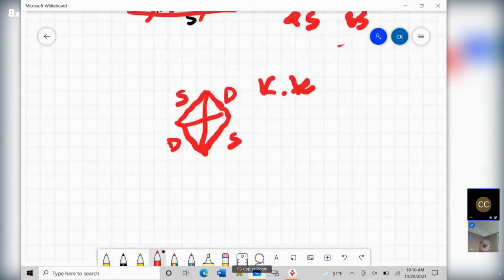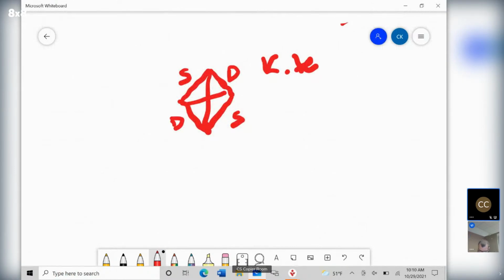And the last two I want to look at is the parallelogram.